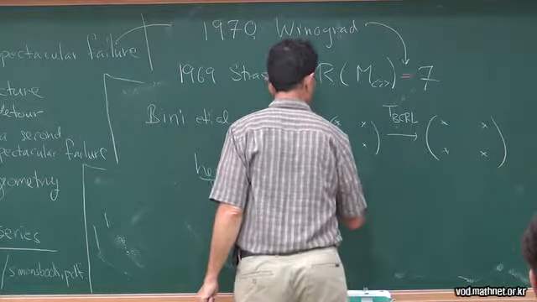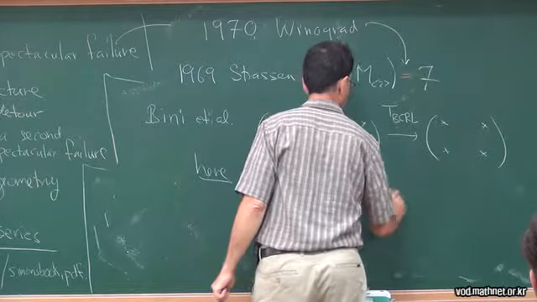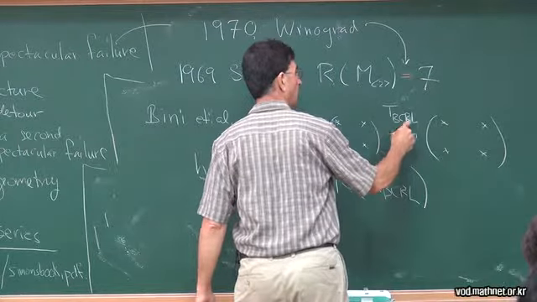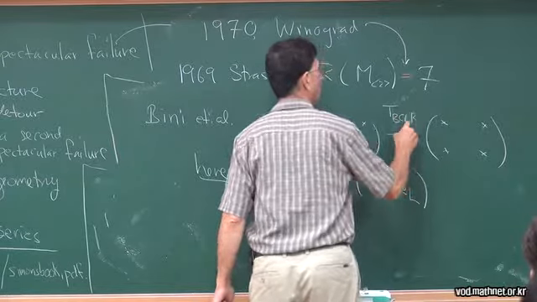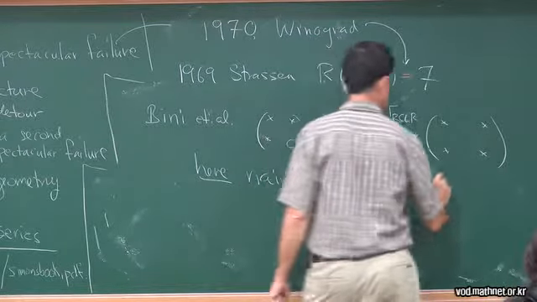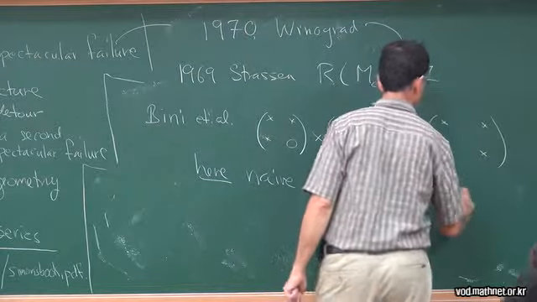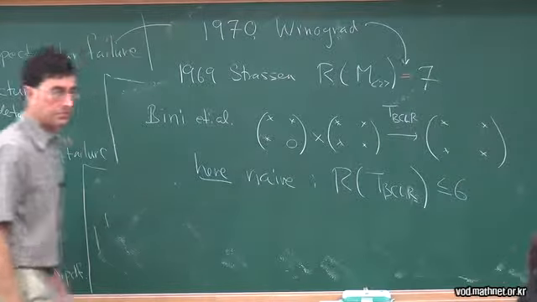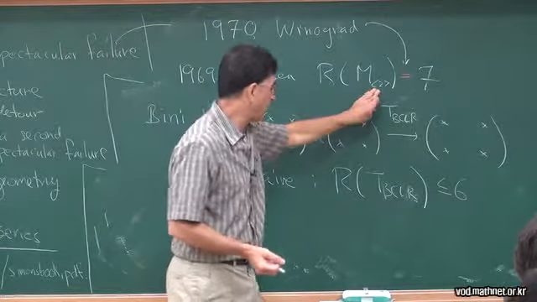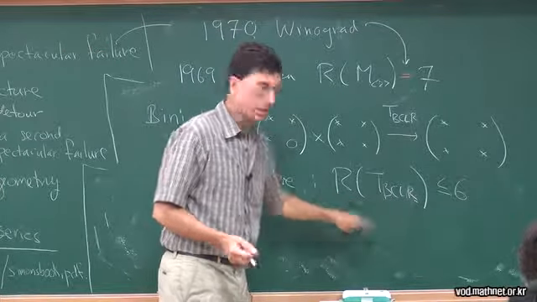Naive is that the rank of T_BCLR, for Bini, Capovani, Lotti, Romani, is at most 6, the standard algorithm. And they said, well, since we can't do better for matrix multiplication, maybe we can do better here.